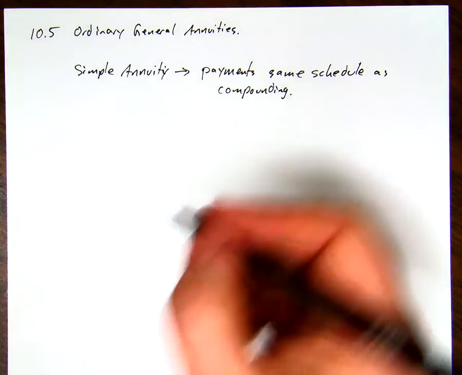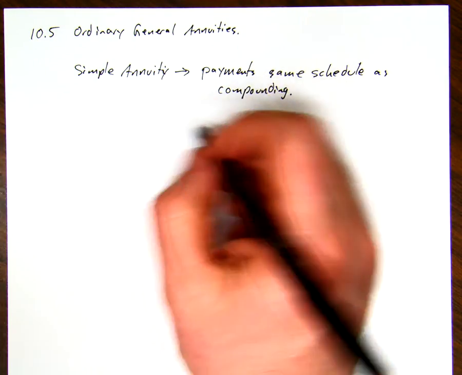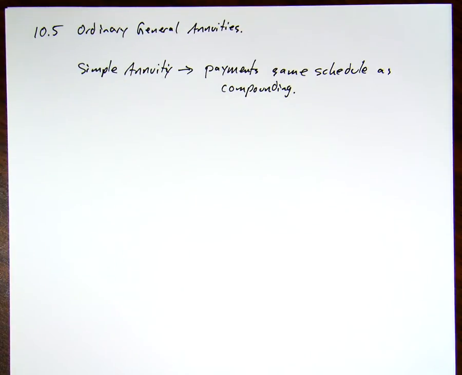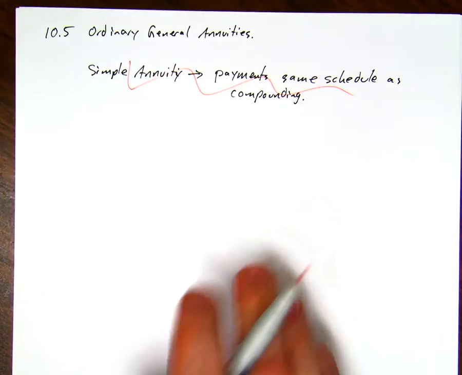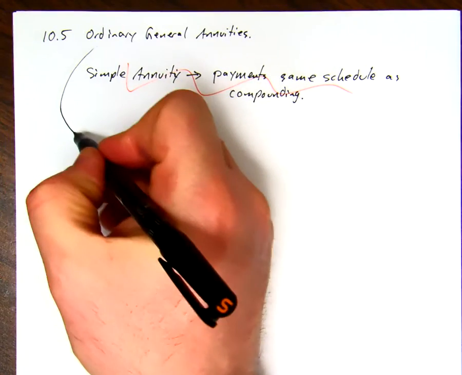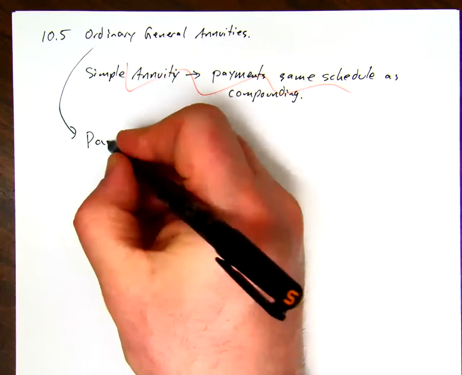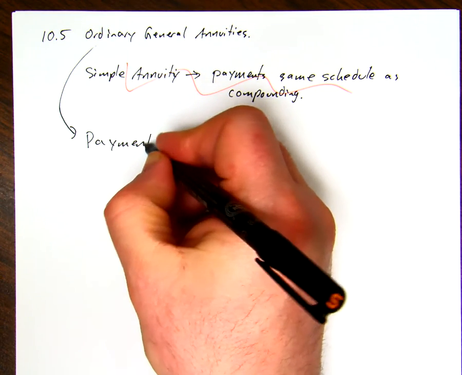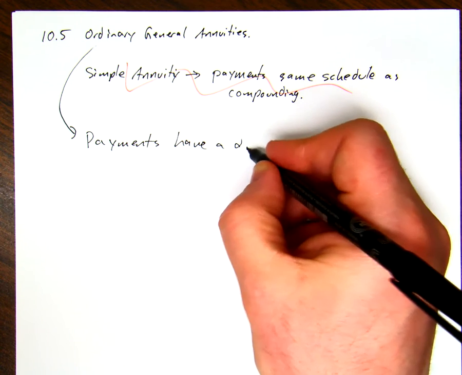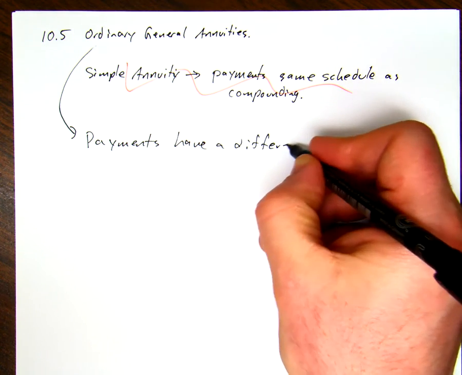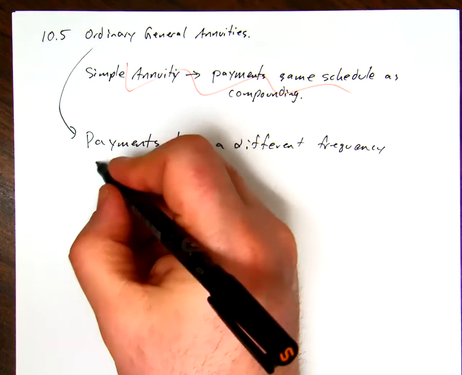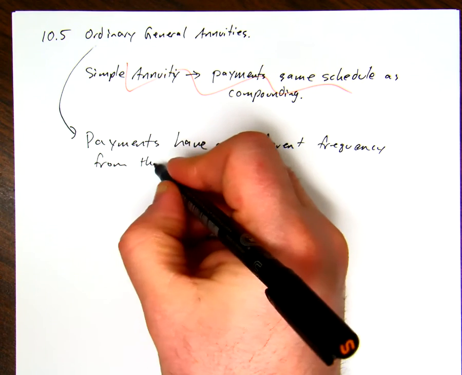In other words, payments per year is the same as compoundings per year. That's a special case of an ordinary general annuity, where our payments have a different frequency from the compounding.